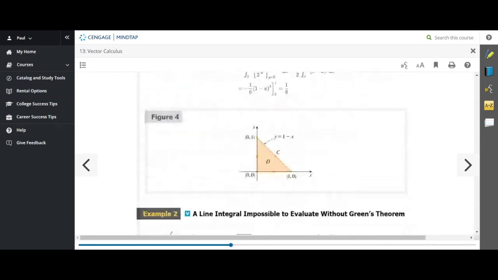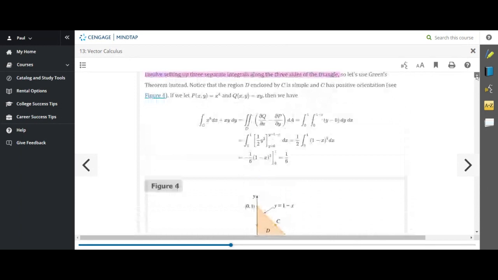If you notice in figure 4, the closed path encloses a region D, which is a triangular region. Well, you have done double integrals over triangular regions like that. Now you could integrate with respect to y first and then x, or x and then y. It doesn't matter.